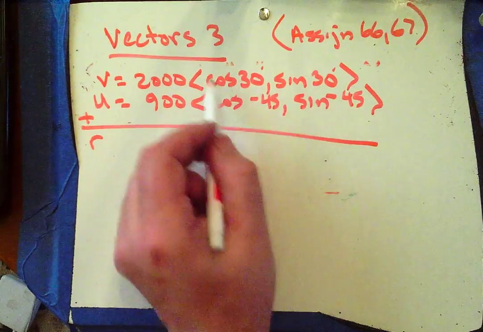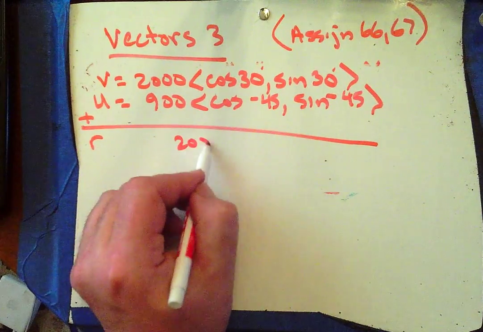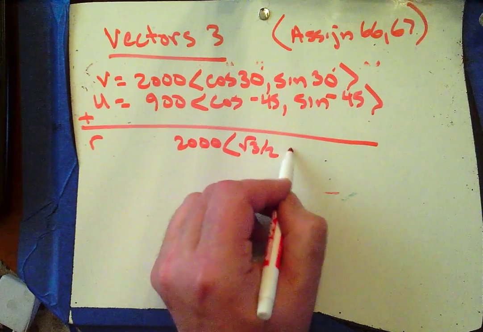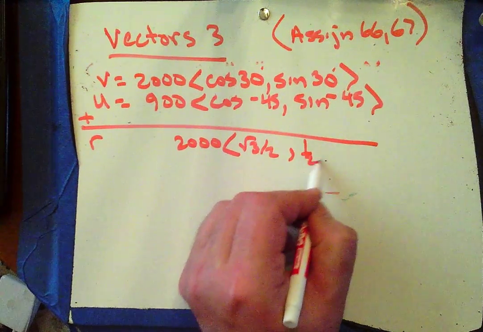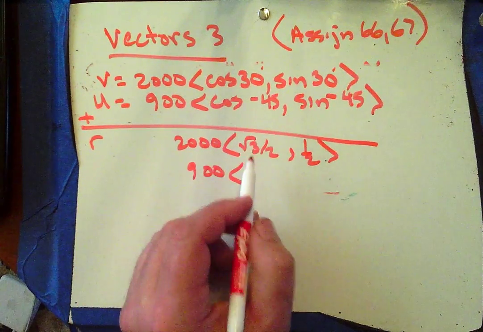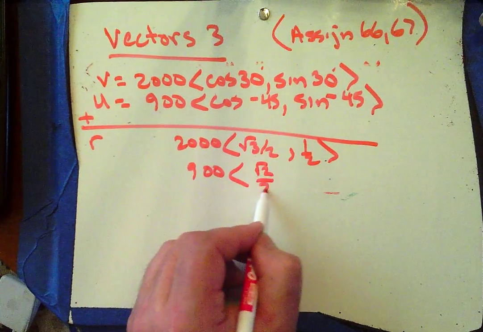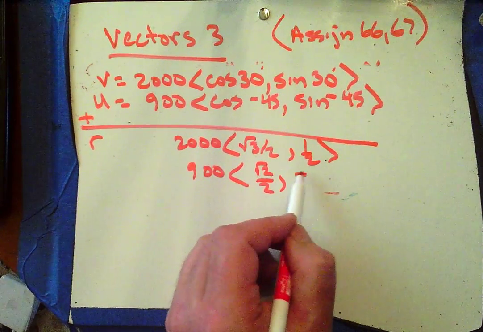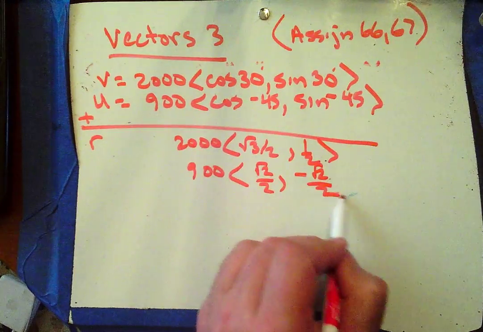But before I do, I'm going to need to tidy this up. I've got 2,000. The cosine of 30 is root 3 over 2. The sine of 30 is 1/2. And then I've got 900. The cosine of negative 45 is root 2 over 2. The sine of negative 45 is negative root 2 over 2.